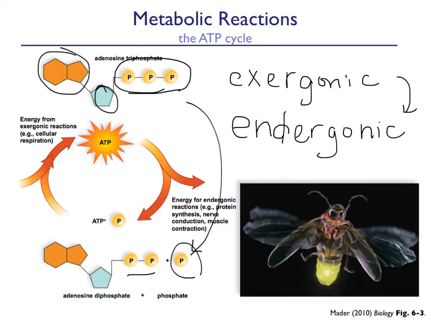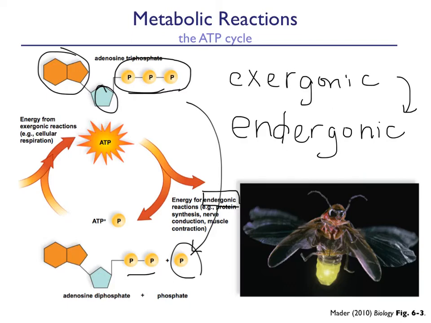So in this case, ATP releasing energy can be used to drive an endergonic reaction. Things like muscle contraction require an input of energy. Protein synthesis requires energy. Nerve conduction requires energy. ATP, as the energy currency of the cell, can provide the energy necessary to drive endergonic reactions.